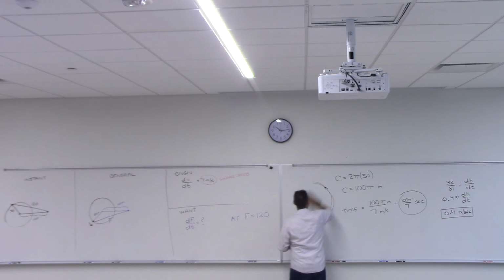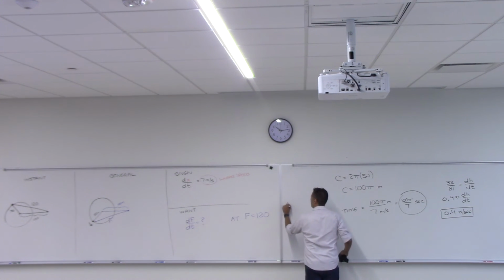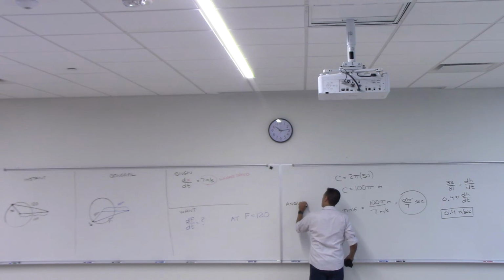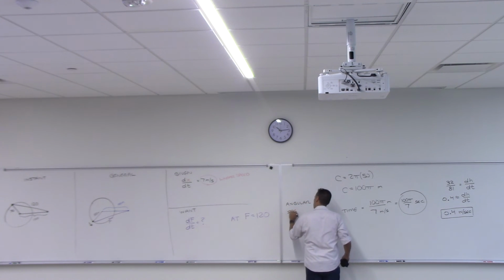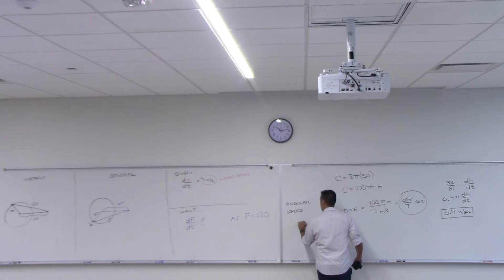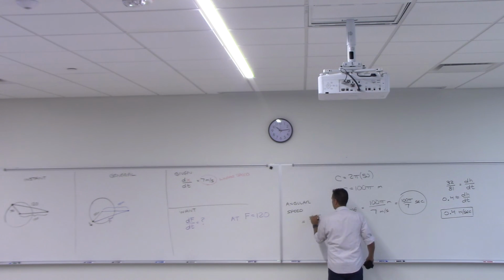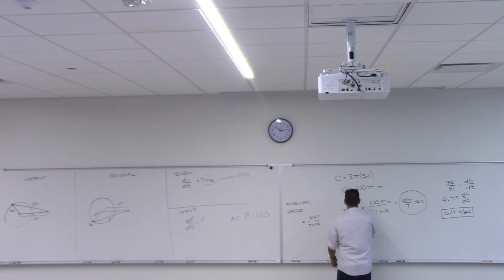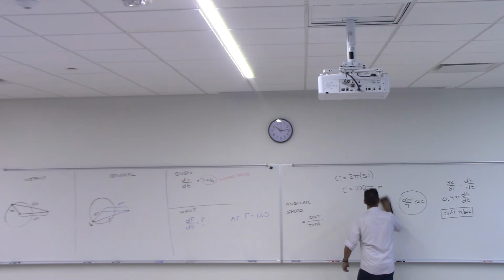So the angular speed is going to be the distance I travel over the time it takes me. What was the distance I travel?